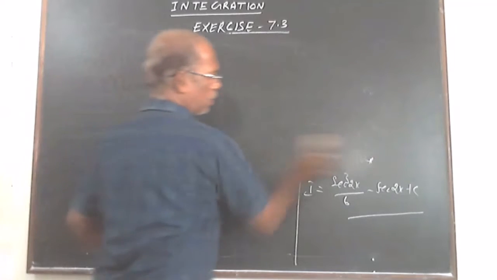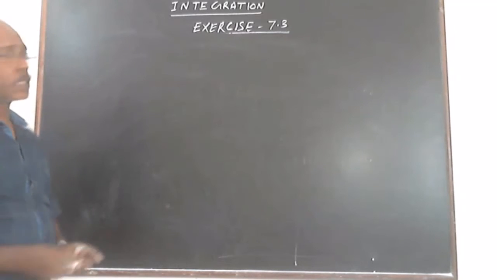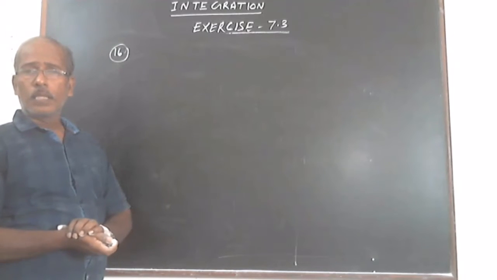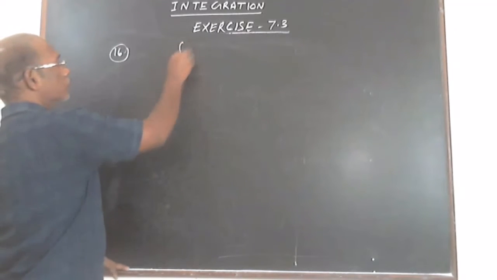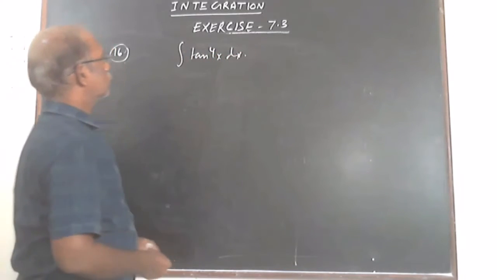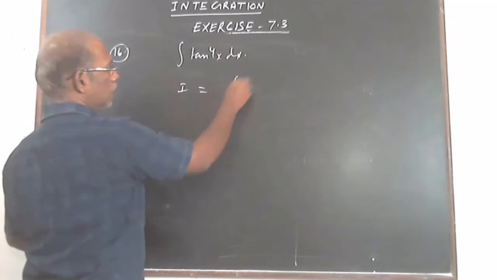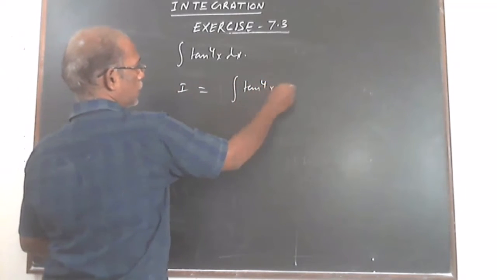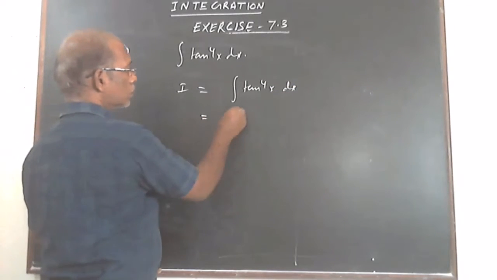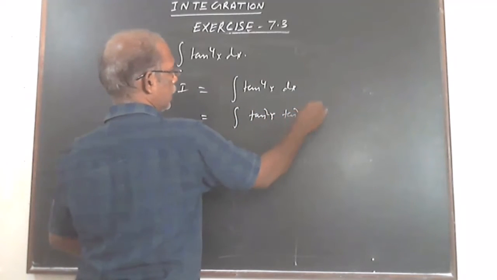Next question, question number 16: integral of tan power 4 x. I equals the integral of tan power 4 x dx, then tan square x into tan square x dx.